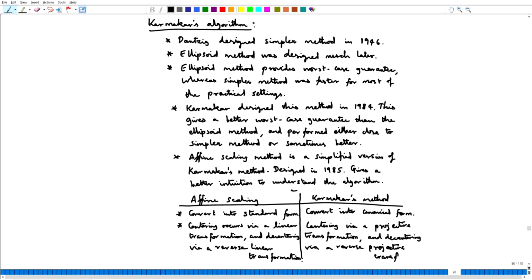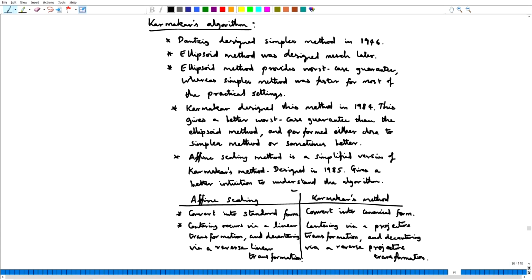Again, you may not immediately understand what a projective transformation is, but I would like to indicate all of this before going into the method, because without this you may not understand what is going on at all. So, these are the differences between the affine scaling method and Karmarkar's method.